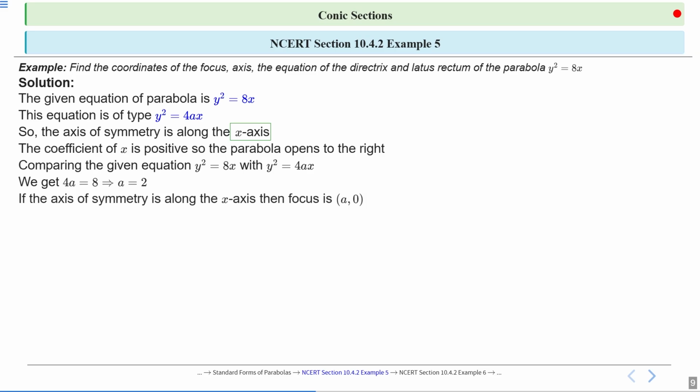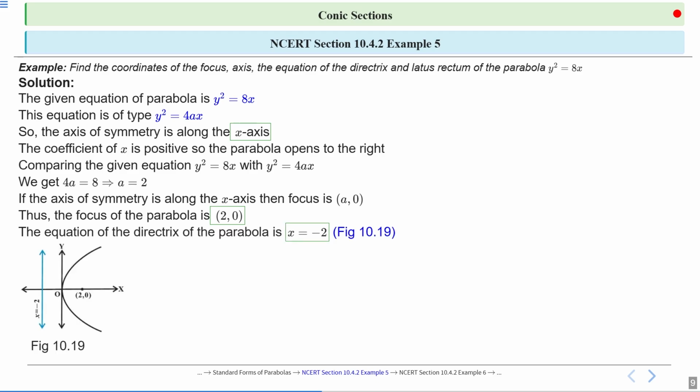If the axis of symmetry is along the x-axis, then the focus is a comma 0. Here we have a equal to 2. So what will be the focus of the parabola? Thus the focus of the parabola is 2 comma 0. And the equation of directrix of the parabola is x equal to minus 2, and the length of latus rectum is basically the coefficient of the linear term.